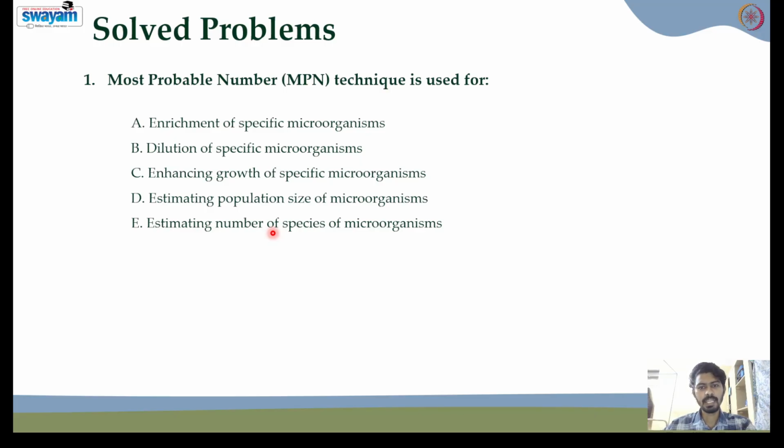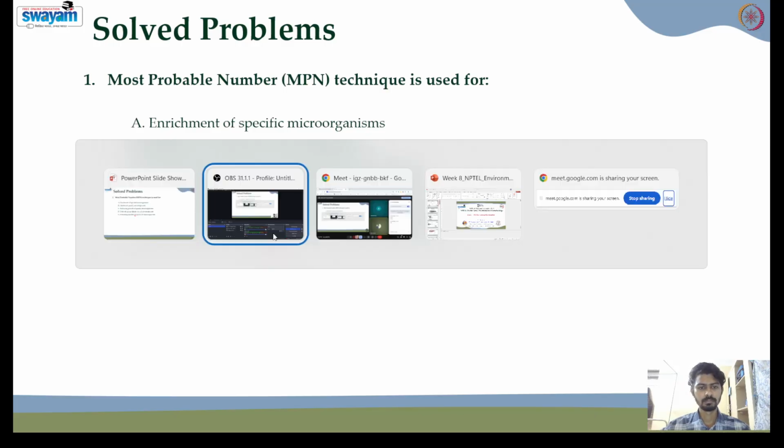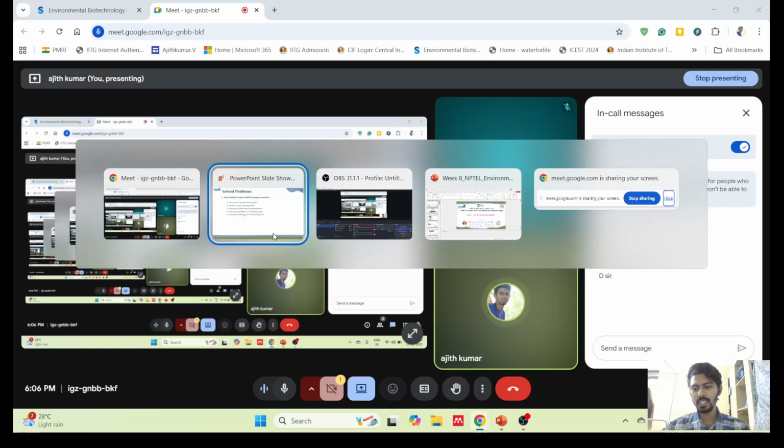Most probable number technique is used for option A, enrichment of specific microorganism, option B, dilution of specific microorganism, option C, enhancing the growth of specific microorganism, option D, estimating the population size of microorganism, option E, estimating the number of species of microorganism. Option D. Okay.